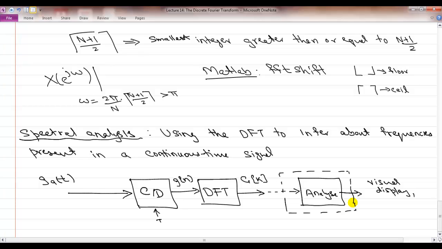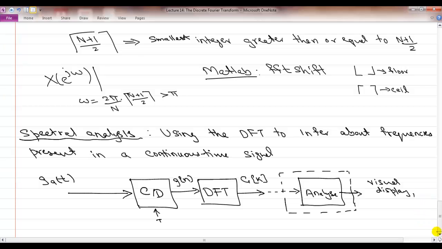It's very fast. And then they basically just do shuffling of the DFT in the right fashion. They know what the DFT sequence value means in terms of the continuous frequency. So you get a plot in hertz, but in reality, the operation is being done using the DFT. So in this discussion, we are going to try to understand some of the details of that. How do you really map your DFT coefficients to continuous frequencies?